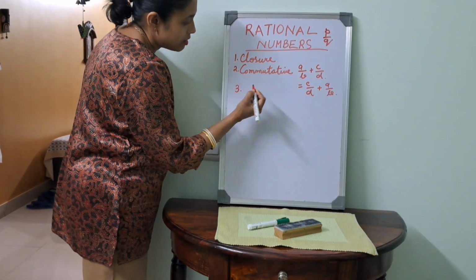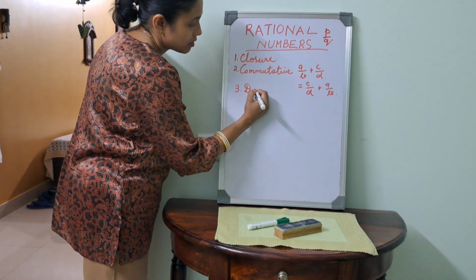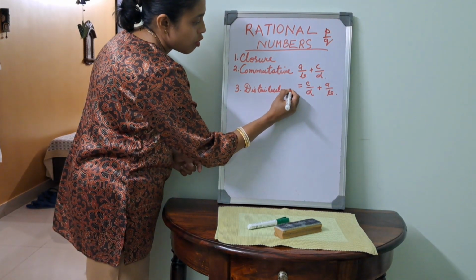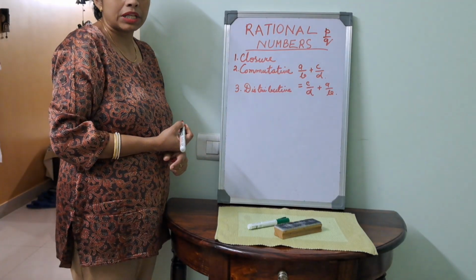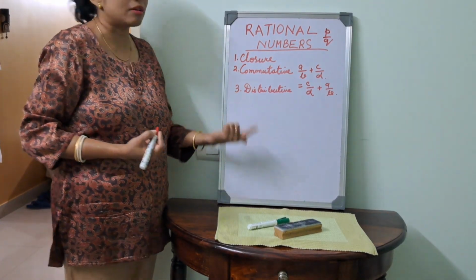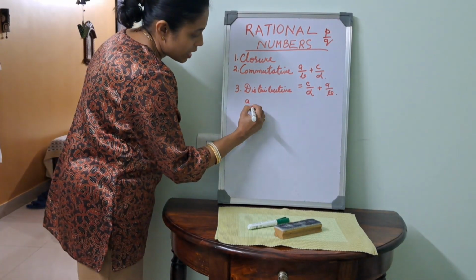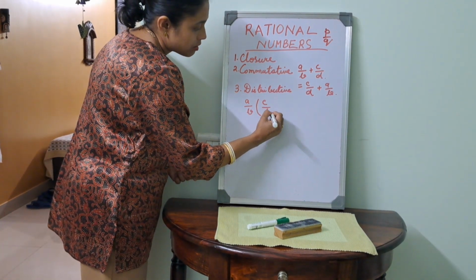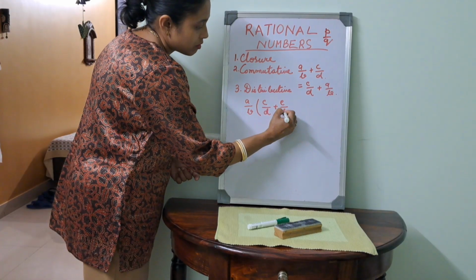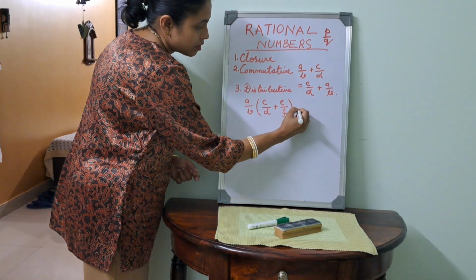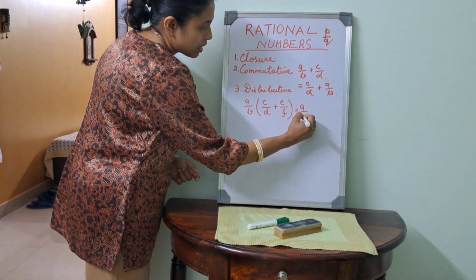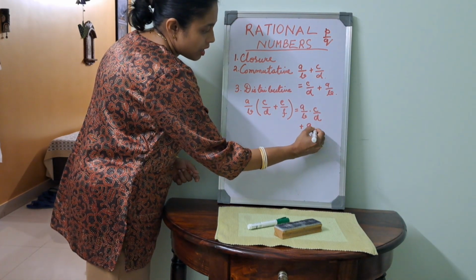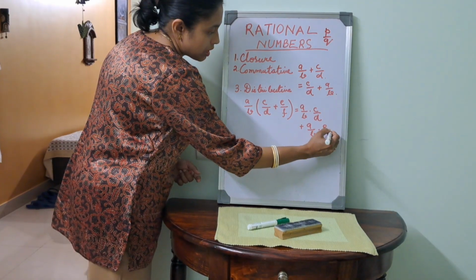Then the last one is the distributive law. So distributive law of multiplication in terms of addition and subtraction. So if a by b is one rational number, I multiply it with the sum of c by d and e by f, so I get a by b into c by d plus a by b into e by f.